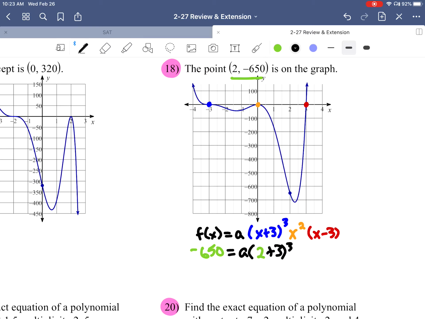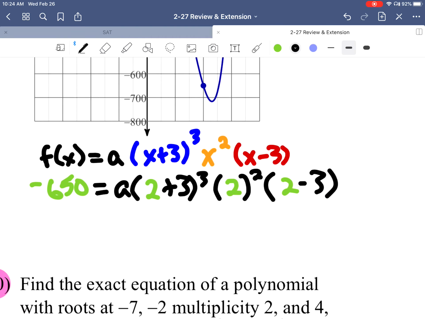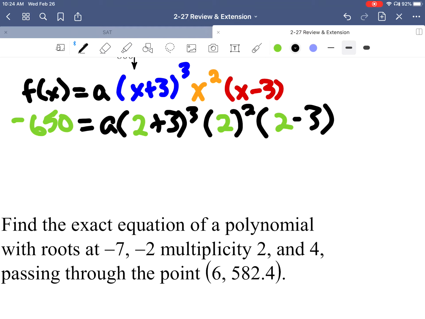I'm putting this in parentheses because if it were negative, it would be important that I did. The x value isn't negative though, so it wouldn't create a problem here. So I have 2 and then -3.